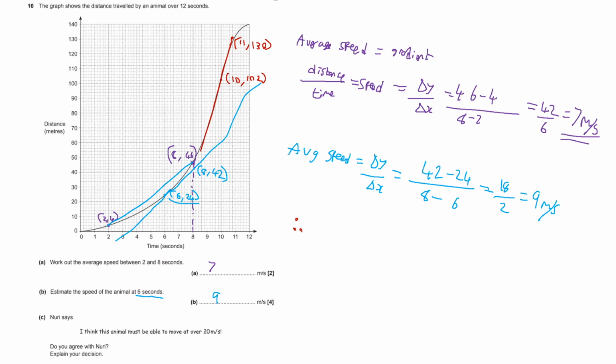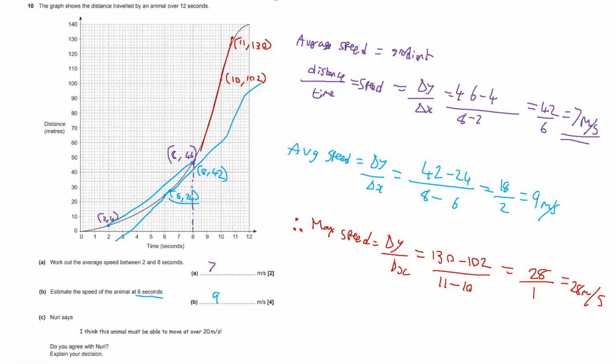So therefore, we'll say that the max speed is going to be change in y over change in x, which is the same as 130 minus 102 all over 11 minus 10, which is equal to 28 over 1, or 28 meters per second. So, is she correct? Yes, she is correct, because here we can clearly see that this animal did move faster than 20 meters per second.